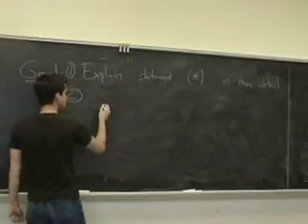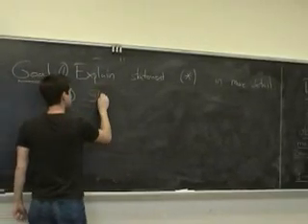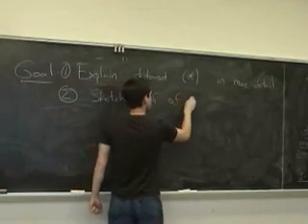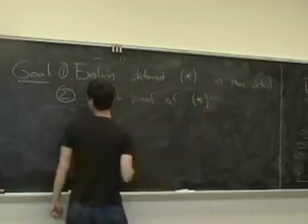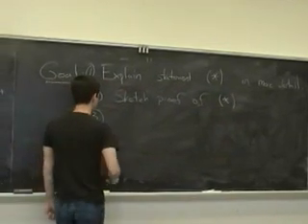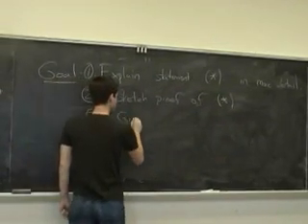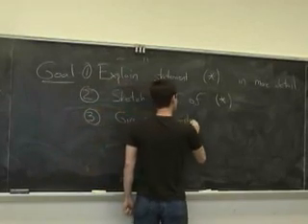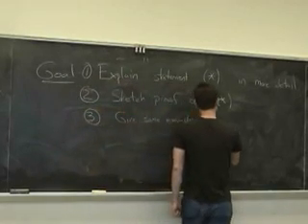Goal number 2 is to sketch the proof of star. And goal number 3 is to give some examples and sketch some applications.